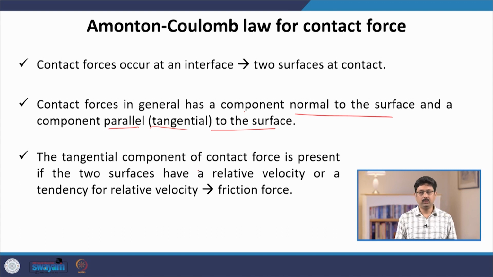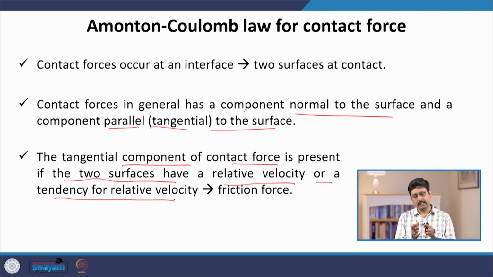This is what we know from experience, that this tangential component of the contact force is present if the two surfaces have a relative velocity, if they are trying to move past each other, which will cause the deformation in the contact area, or a tendency for relative velocity.